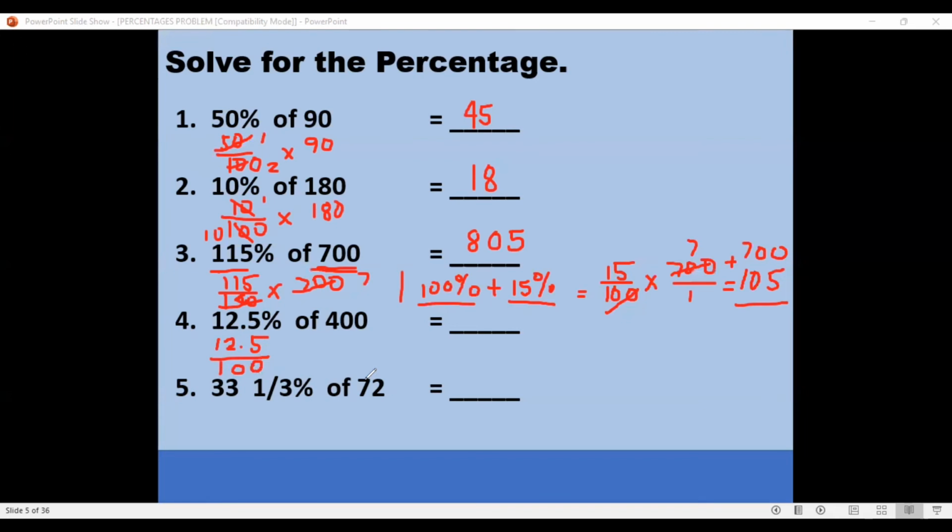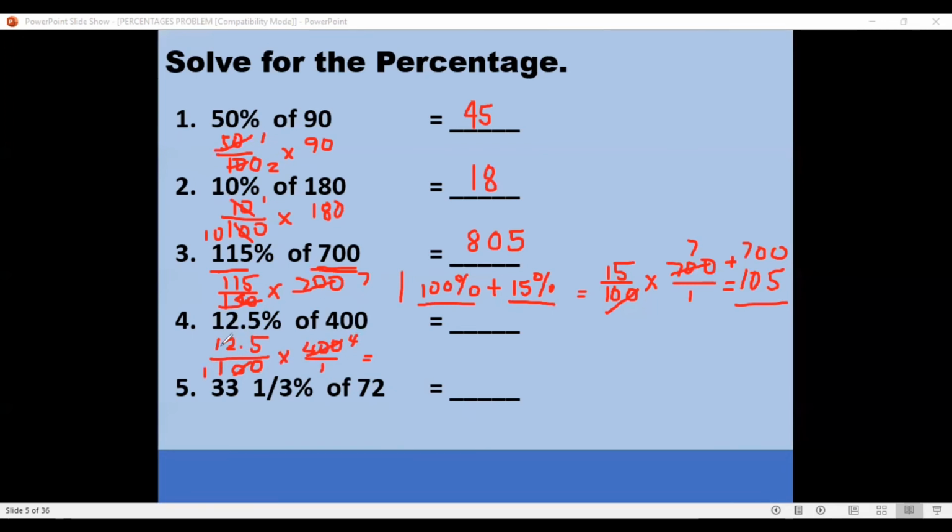And after doing that, 12.5 over 100, again, we need to multiply that by 400 over 1. And canceling now, using the cancellation process, 100 will cancel the 400 there, and that will now become 4. The 400 becomes 4, while the 100 becomes 1.